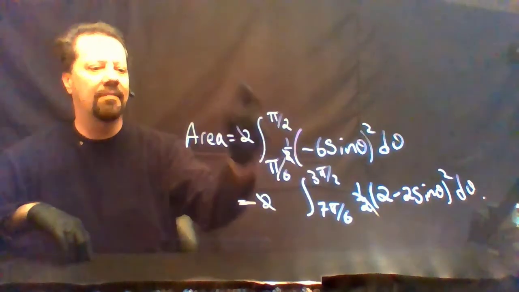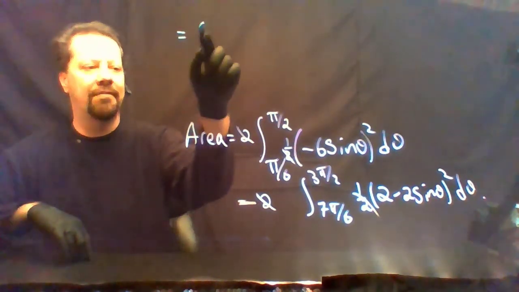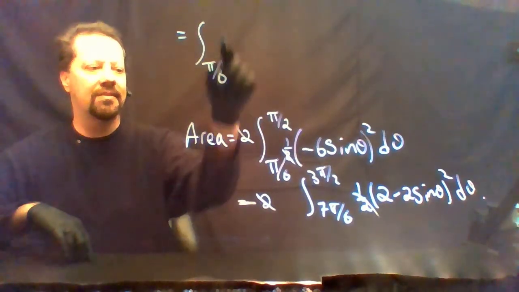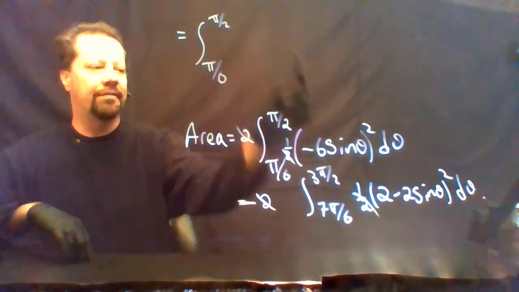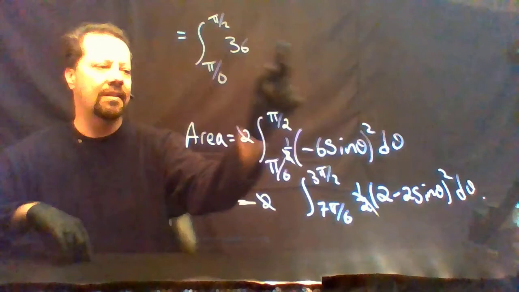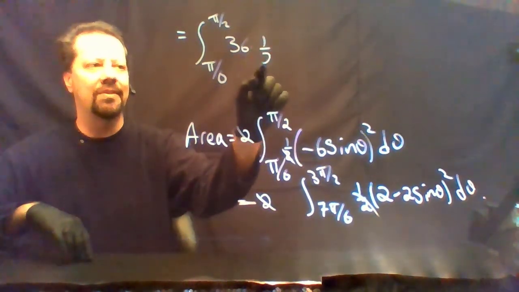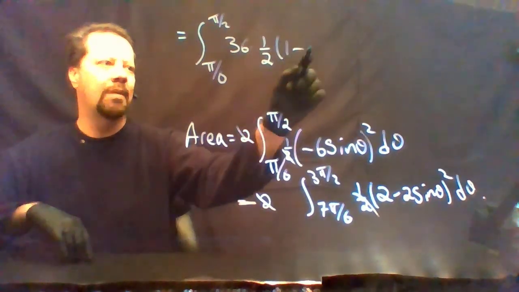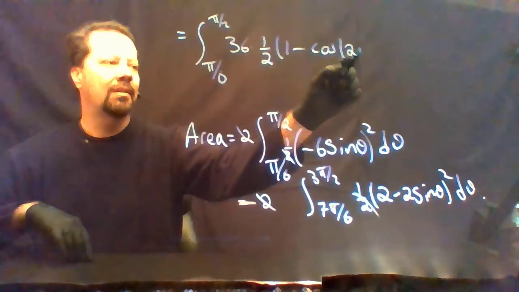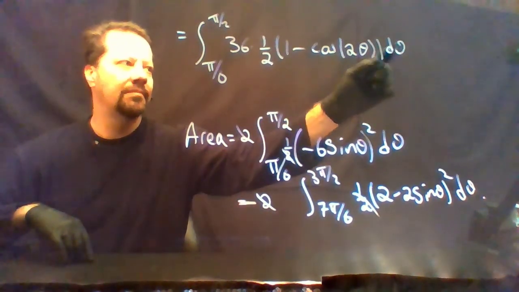When we square, we're going to have first the integral from pi over 6 to pi over 2 of 36 sine squared. For sine squared, we have to use the half angle identity, 1/2 1 minus cosine 2 theta.